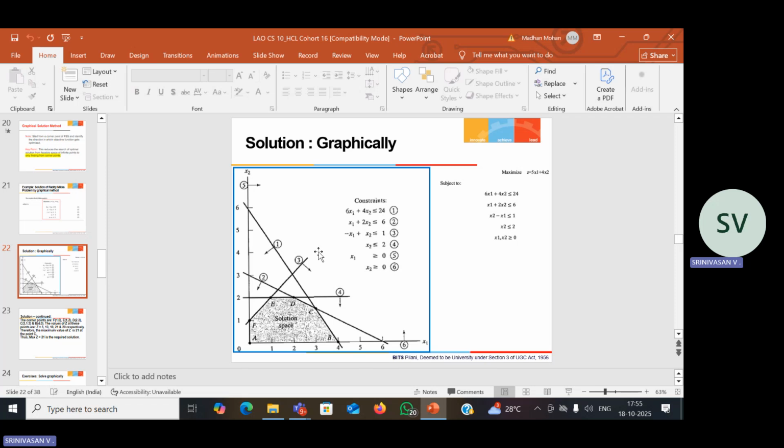So next you take equation 2, x1 plus 2x2 equal to 6. x1 is 6, x2 is 0. Then x1 is 0, x2 is 3: the point 0, 3.